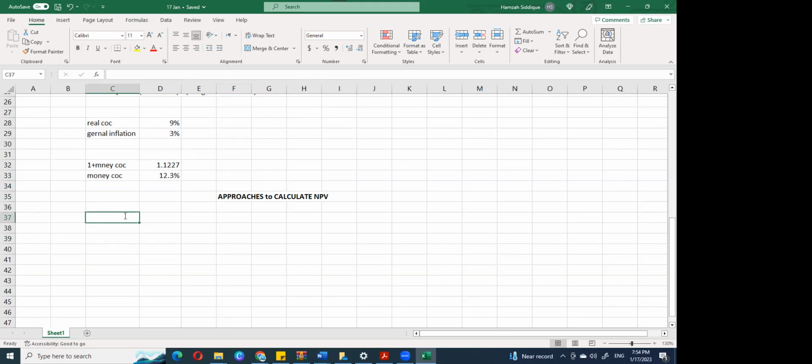One is called the money approach, very easy, or nominal approach.